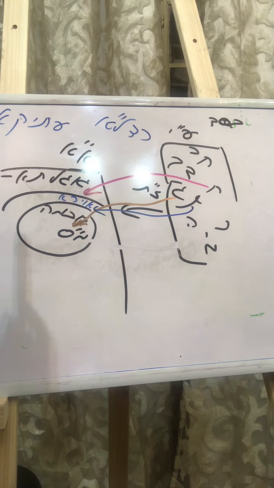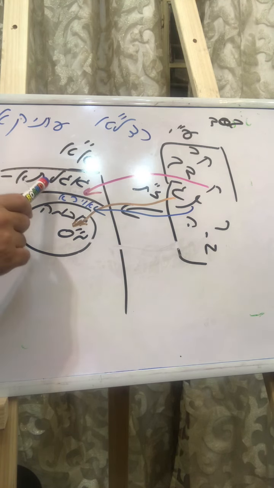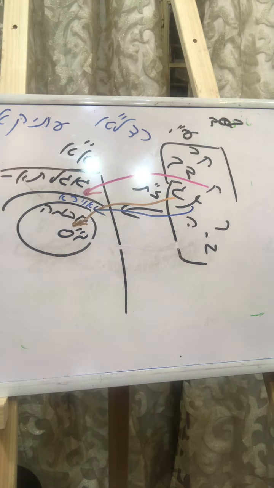But anyhow, the point is that from those 3 levels, we have 3 kinds of light radiating out of Arich Pin. That concept of something that comes out of the Parzuf has different meanings.